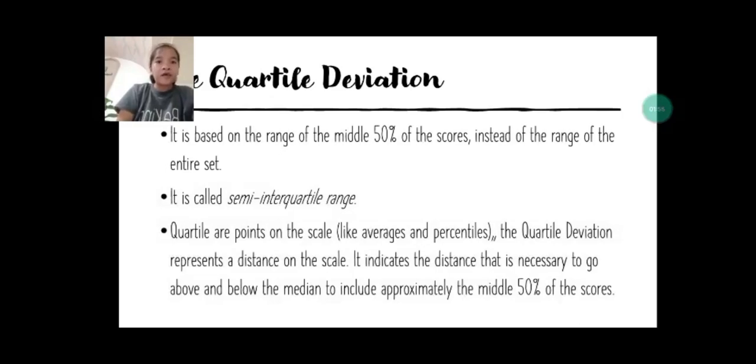Quartile points are on the scale like averages and percentiles. The quartile deviation represents a distance on the scale. It indicates the distance that is necessary to go above and below the median to include approximately the middle 50% of the scores. The semi-interquartile range is half of the quartile range.